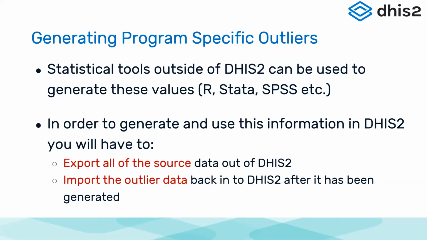And the third step is you have to import those calculated data back into DHIS2. So three steps: exporting necessary raw data, calculating necessary predictors or threshold values, and importing them back into DHIS2.